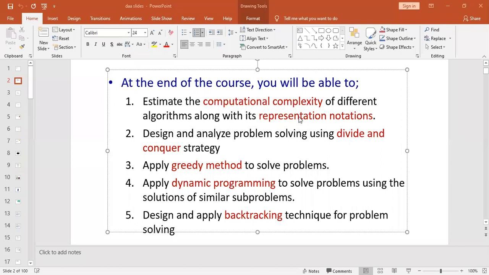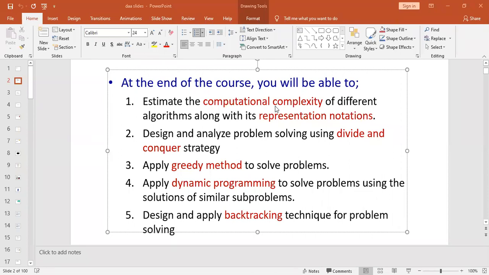You have to use minimum space. How much time is taken for a program to execute is called time complexity, and how much space is occupied by the program to execute is called space complexity. That is what we call the computational complexity of algorithms. That will be the first module.